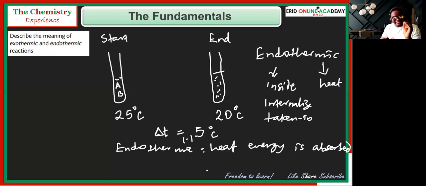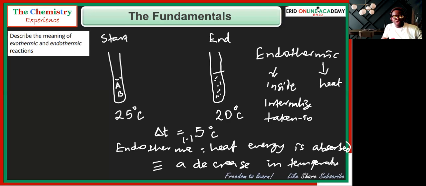The temperature was hidden somewhere, was swallowed and internalized, so we no longer could see it. So 5 degrees Celsius represents the amount of heat energy that was absorbed, that was taken in. So we say such a reaction is an endothermic reaction because heat energy is absorbed. And this reaction is accompanied by what? A decrease in temperature.